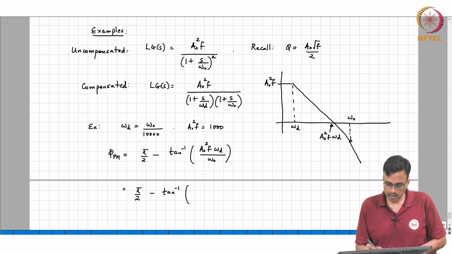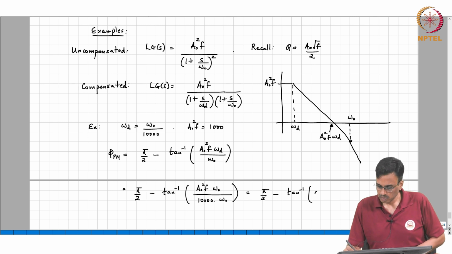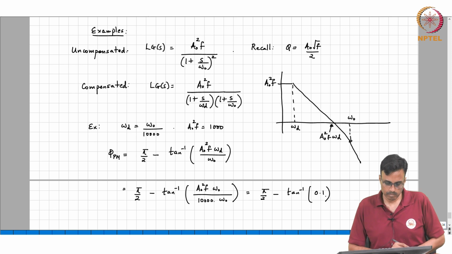A naught square f omega d is 1000 times omega naught over 10,000, so it is pi over 2 minus tan inverse 0.1.